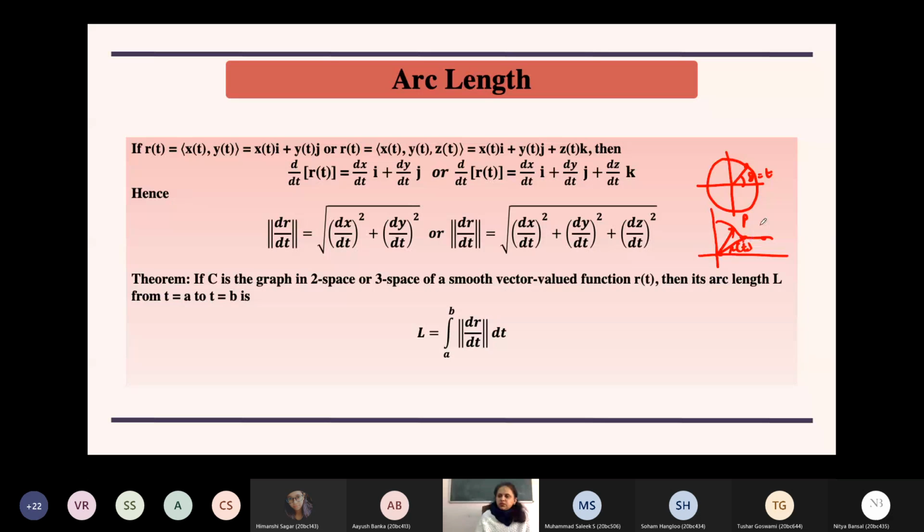In most cases our parameter is going to represent either the time or some kind of an angle, or it could be some other parameter also, but mostly we use these. Obviously this has nothing to do with the arc length part, but further when we do the parameterization you will see how we are going to change the parameter.